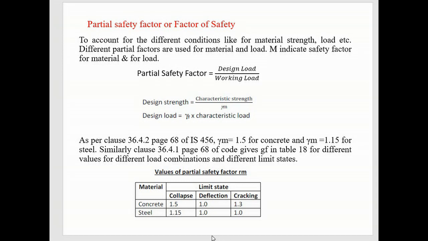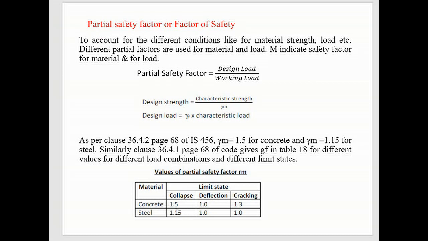So this table, the limit state table, gives partial safety factors for different materials like concrete and steel, with respect to collapse, deflection, and cracking.